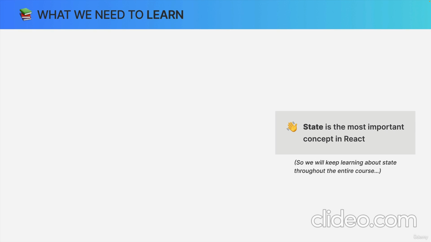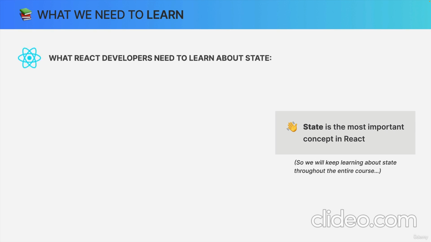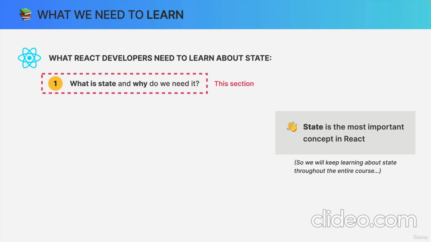Therefore, let's start with an overview of what exactly you will learn about state while going through this course. First, we will learn what state actually is, what it does, and why we need it, which is what this section is all about.